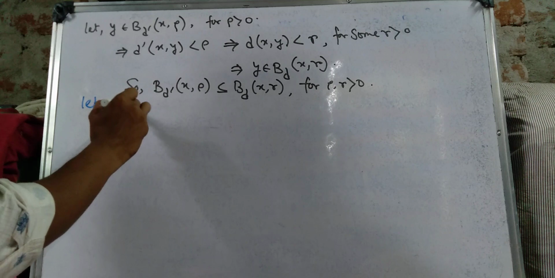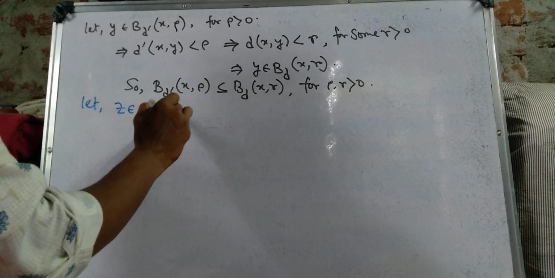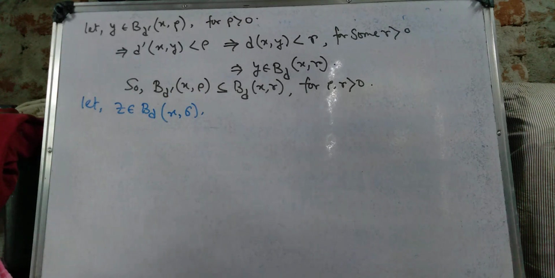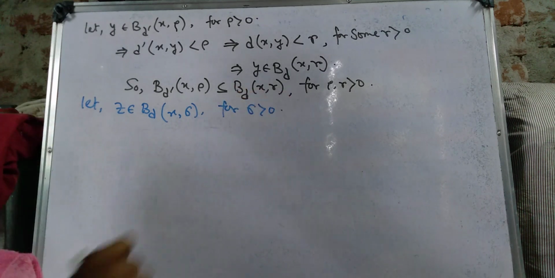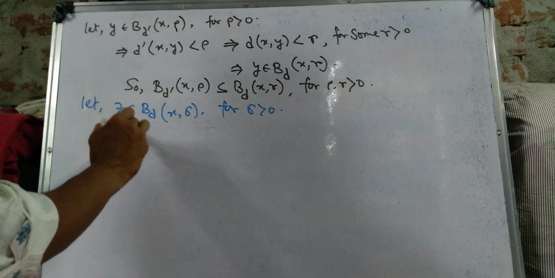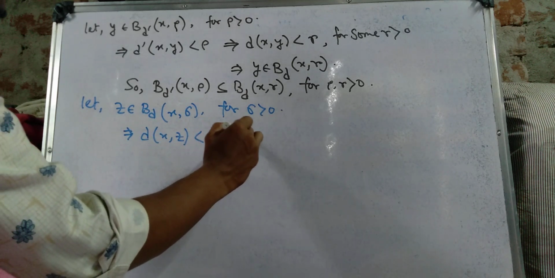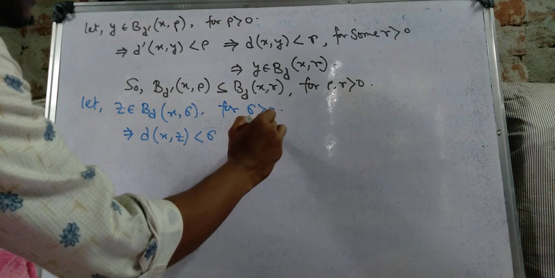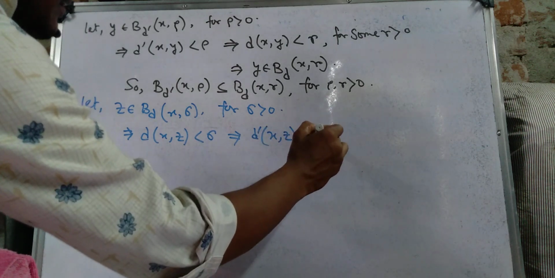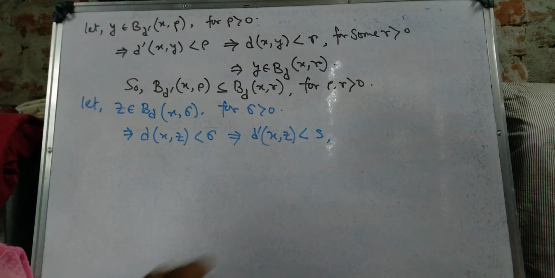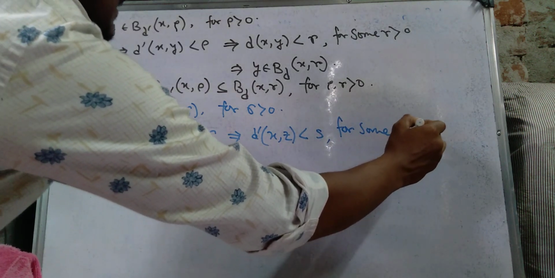Let z belong to B_d(x, δ) for some δ greater than 0. This implies that d(x, z) is less than δ. This implies that d'(x, z) is less than ε for some ε greater than 0.